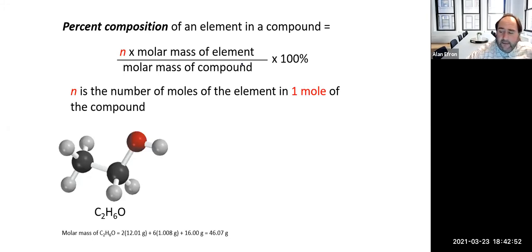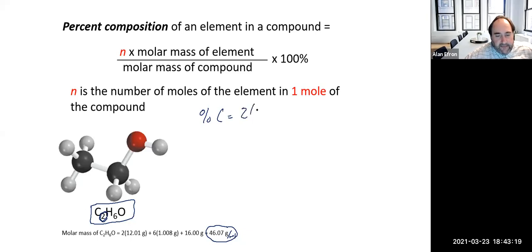parts by it. So if we were looking at this guy here, which is the guy we just did, as an example, and we want to figure out the percentages by mass of carbon, hydrogen, and oxygen in there, we would first get the molar mass like we just did. And to find the percentage of carbon that is present, we can see from the formula that there's 2 moles of carbon present.